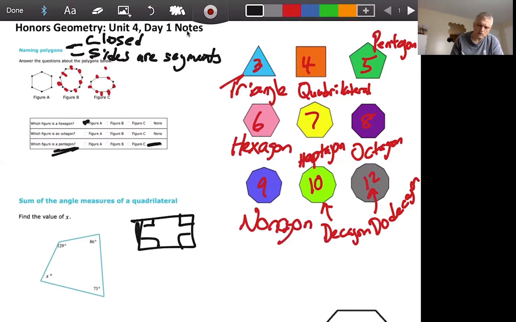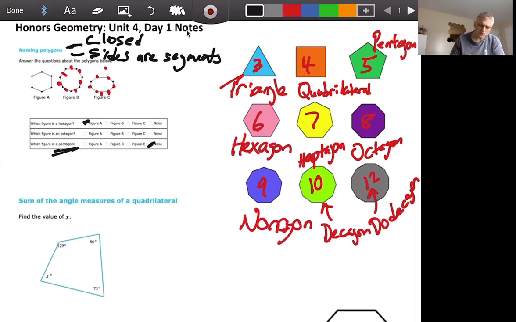So if each of these is 90 degrees, 90 times 4 is 360. So that is what you're going to go on for this question. The sum of all 4 angles on the interior of a quadrilateral will be 360 degrees, at least if it's a convex quadrilateral.